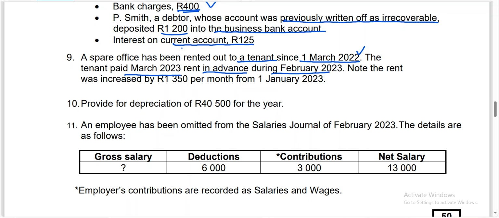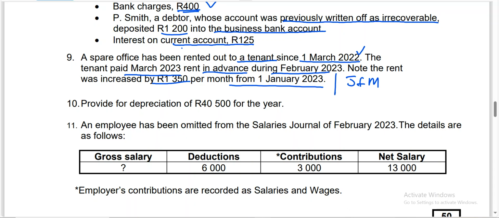In other words, this person has paid us in advance, and obviously when they pay in advance, we should be able to deduct that extra amount received on our rent account. Here they're saying that we must note that the rent was increased by 1,350 from January, meaning the increase affected January, February, and March. So the increase affected 3 months.